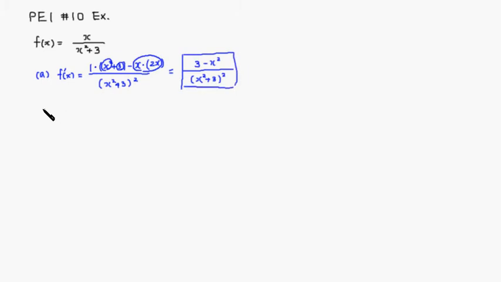So let's do part B. Part B is to find the second derivative. So f double prime of x is equal to the big fraction.